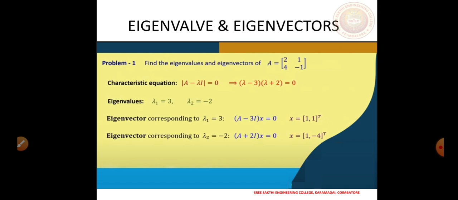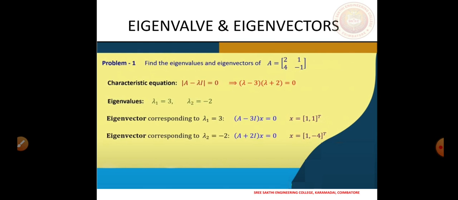We form the system of equations (A minus lambda I) x equal to 0. We subtract 3 from the diagonal entries, so A minus 3I is [minus 1, 1; 4, minus 4], and the right hand side is the 0 vector, with x having 2 components.